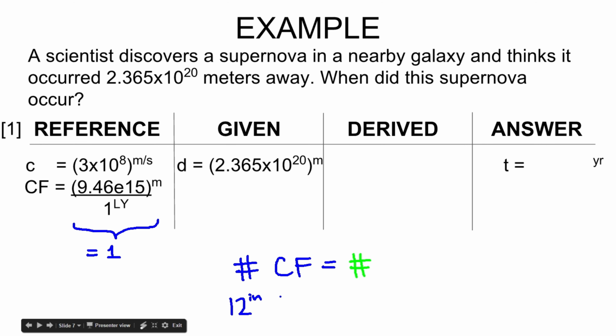For example, 12 inches times 1 foot over 12 inches equals 1 foot. Now, 12 inches and 1 foot are the same, they just look different.